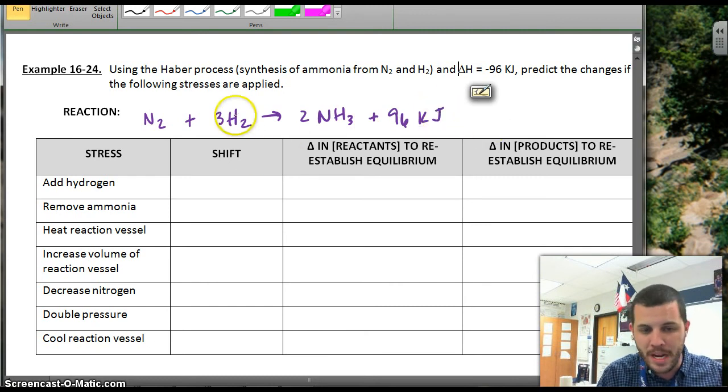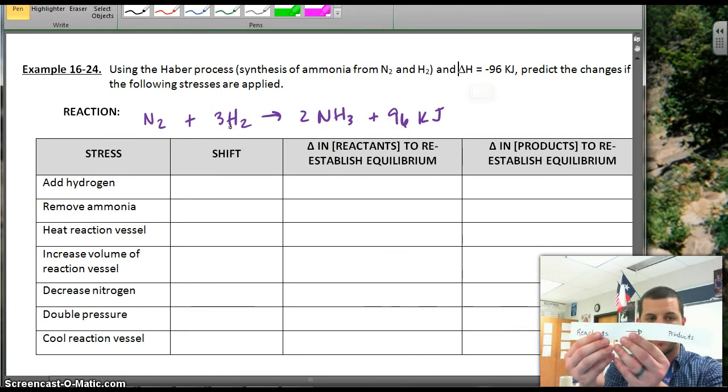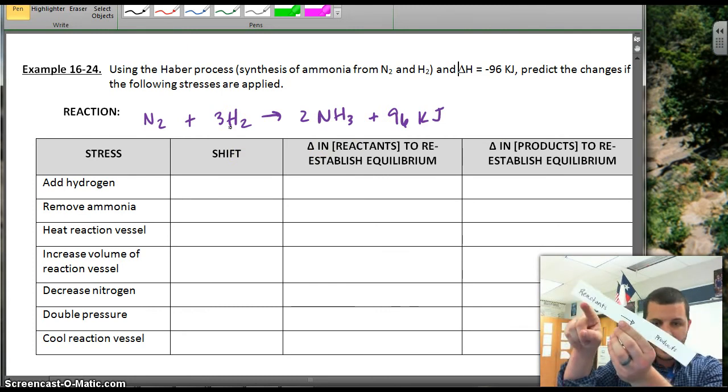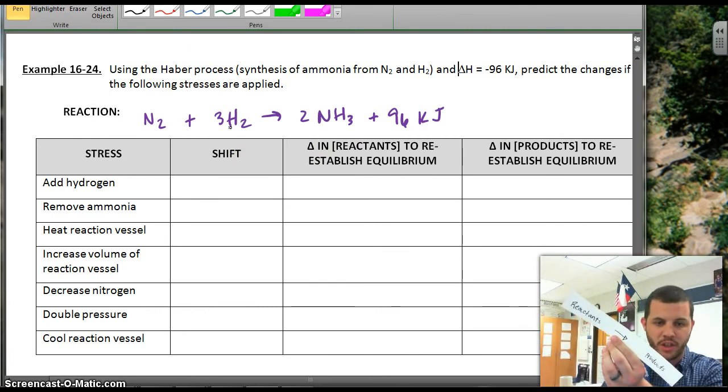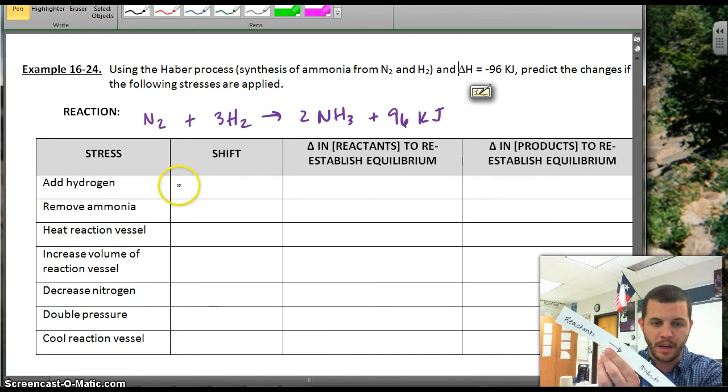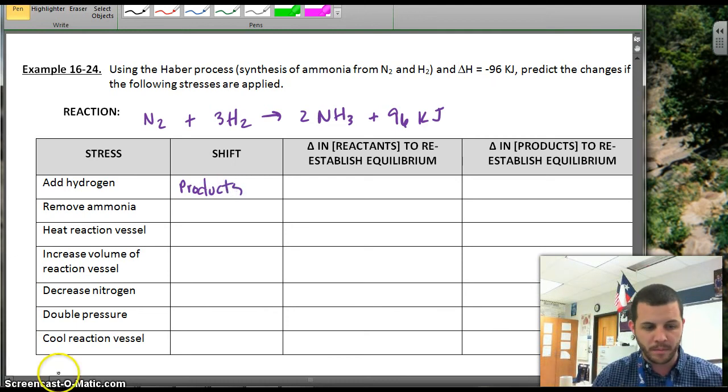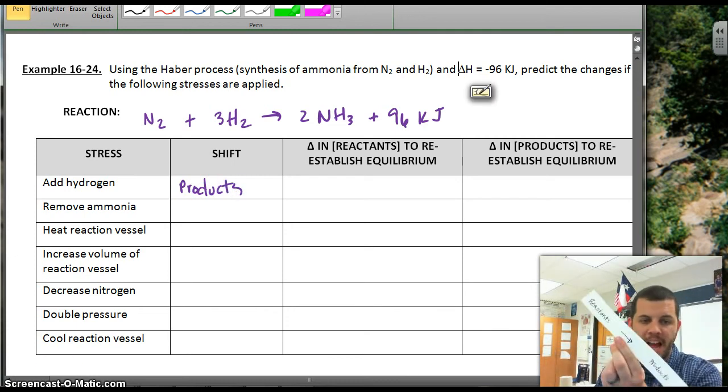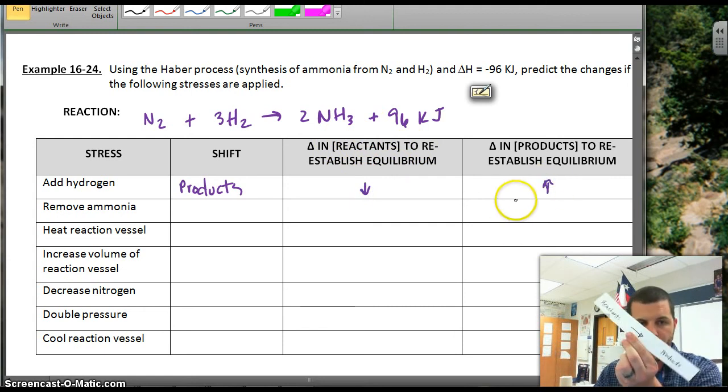Now, what happens if we add hydrogen? Hydrogen is a reactant. So if we increase our reactants, this is going to shift to the product side. We're going to shift to make more products. To establish equilibrium, my reactants are going to go down and my products are going to come back up.